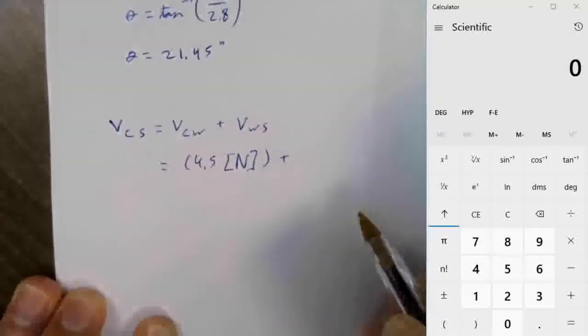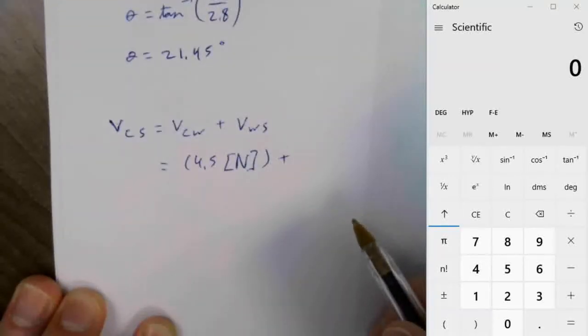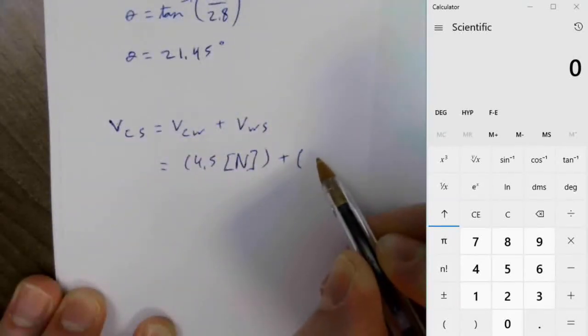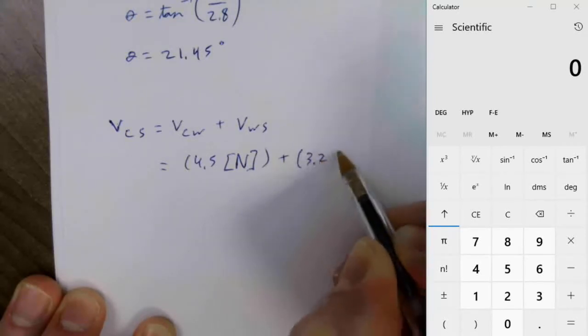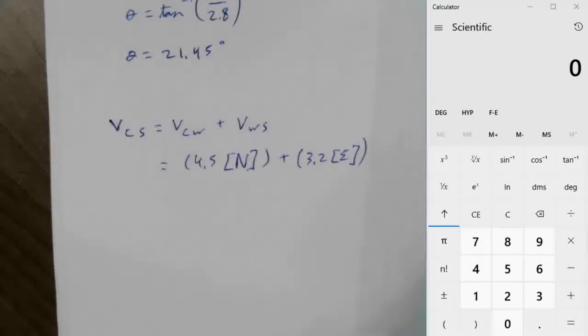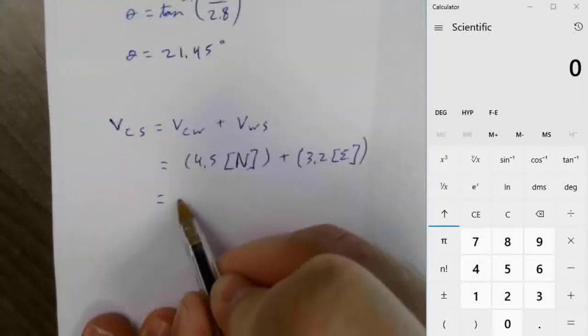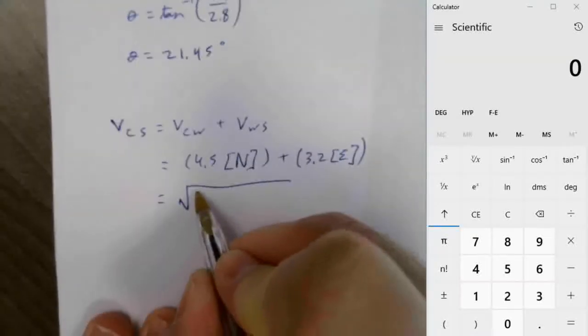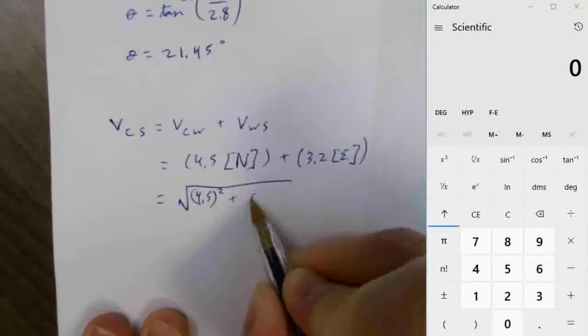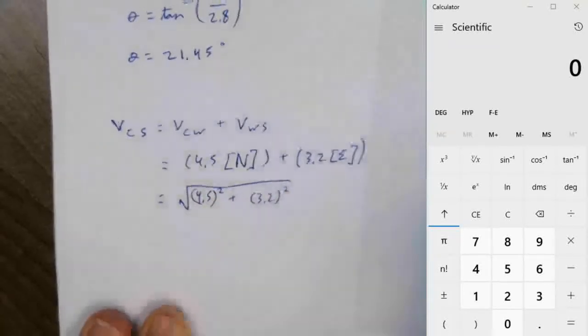The velocity of the water relative to the shore is VWS, and that's going to be 3.2. And we can go straight into solving this using our vector addition.